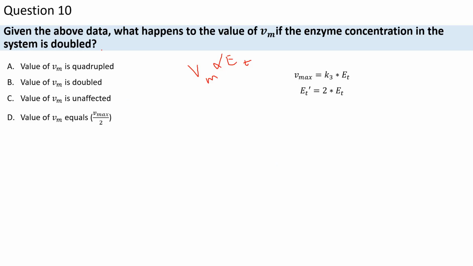What they are asking is what happens to Vm if the enzyme concentration in the system doubles. If ET gets doubled, then Vmax will also get doubled. So the answer is double. These are linear and it's very easy to understand.